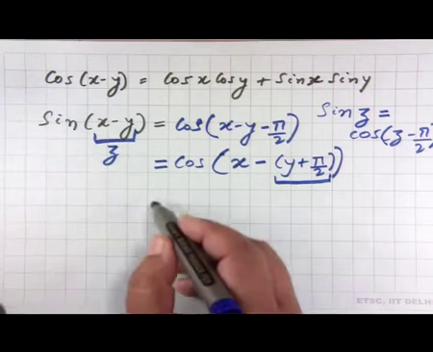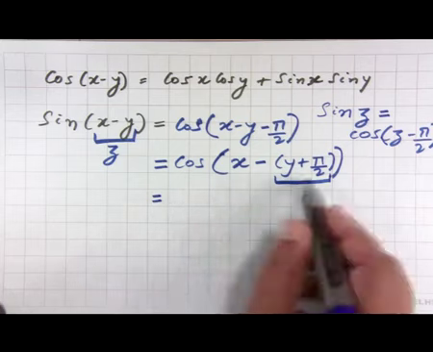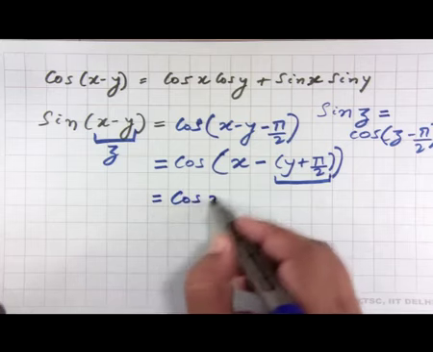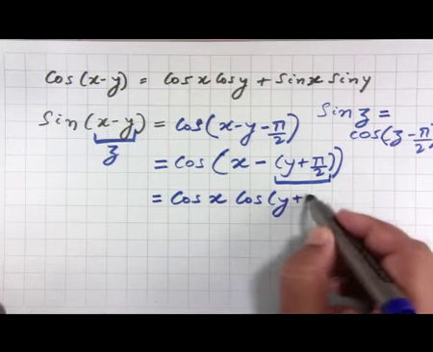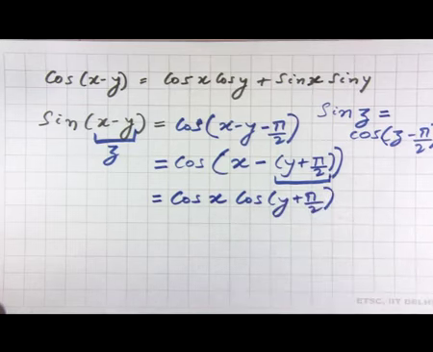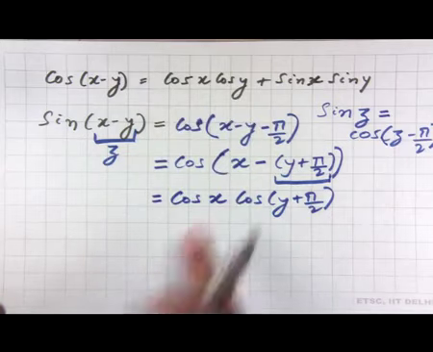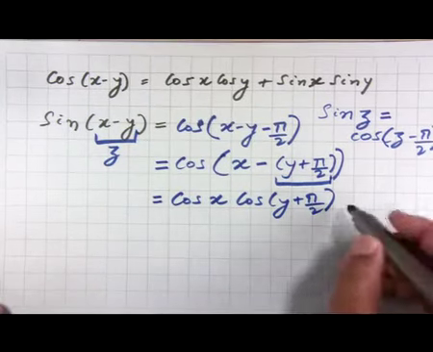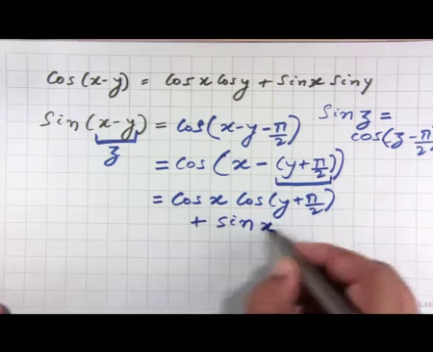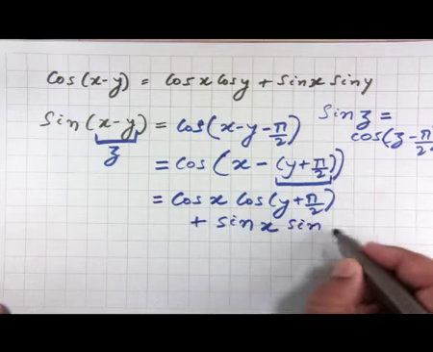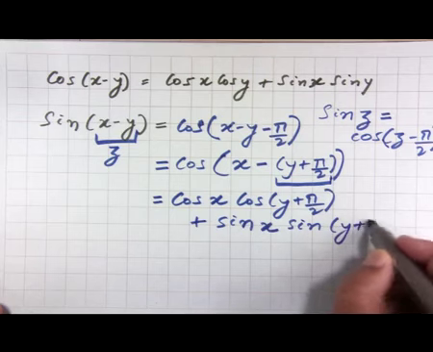So, we get this to be equal to cos x cos new y, so this is the new y, plus sin x times sine of new y.